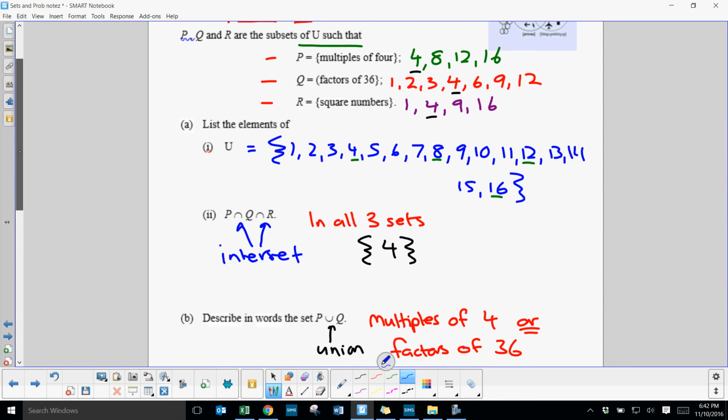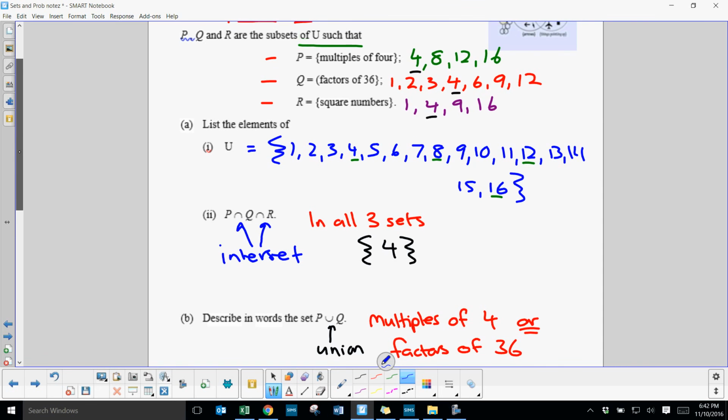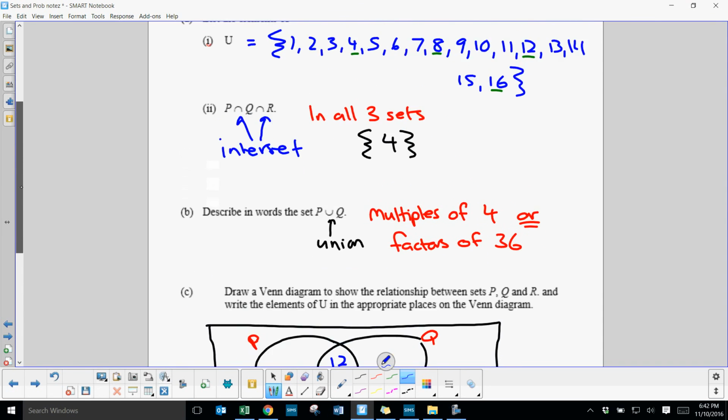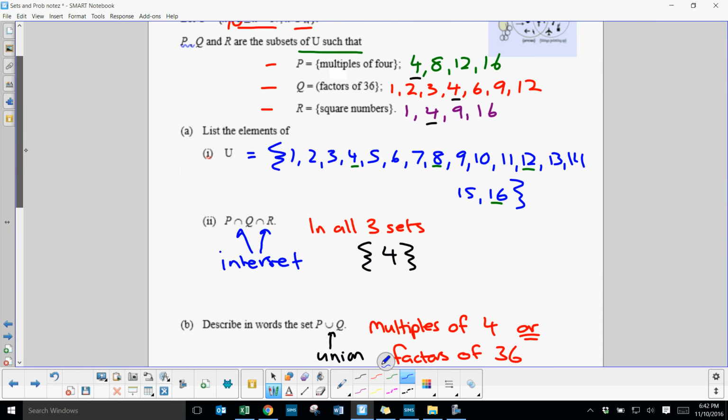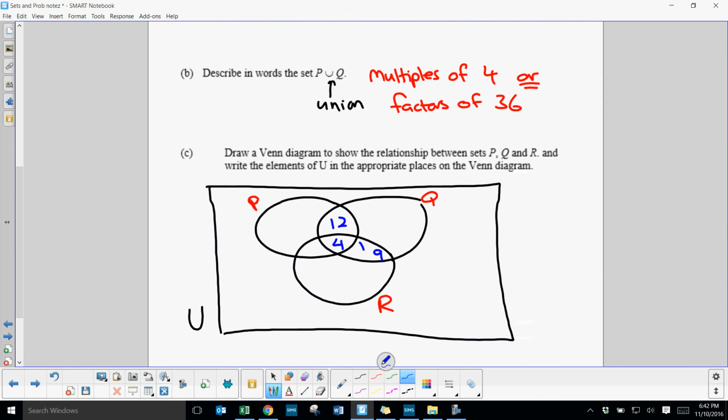And yes, there is. The number 1 and the number 9 is in both Q and R. So we can put 1 and 9 here. Then have a look at P and R. Are there any numbers in common apart from the number 4? P and R, yes, there is one number in common, 16. So you just have to look carefully and see if there's any others.